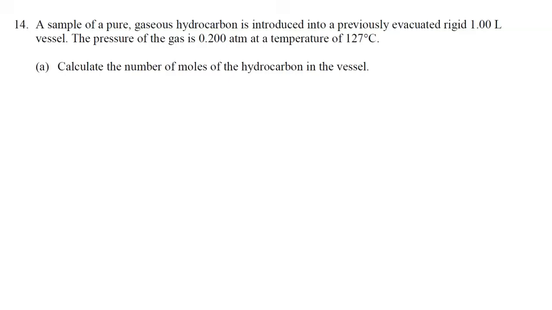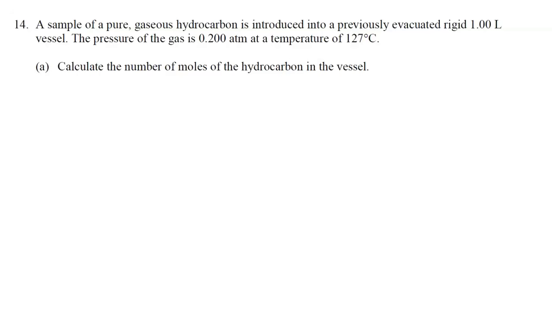Now, let's take a look at question 14. Question 14 says, a sample of a pure gaseous hydrocarbon is introduced into a previously evacuated rigid 1-liter vessel. The pressure of the gas is 0.2 atmospheres at a temperature of 127 degrees Celsius.